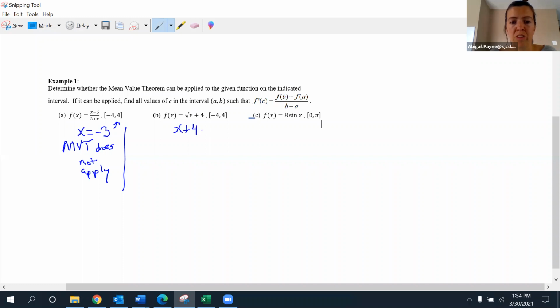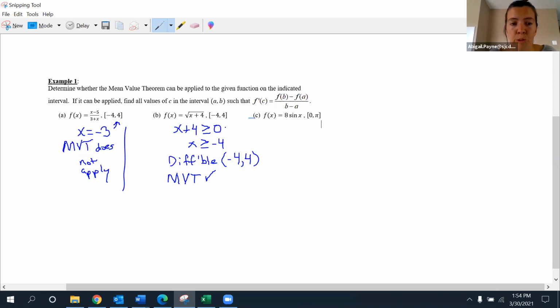So this function is continuous whenever x plus 4 is greater than or equal to 0, so when x is greater than or equal to -4, which does coincide with that given interval. So the function is continuous on the interval from -4 to 4, and it's differentiable on the open interval. Let me write that down. I'm going to abbreviate differentiable here, on the open interval from -4 to 4.